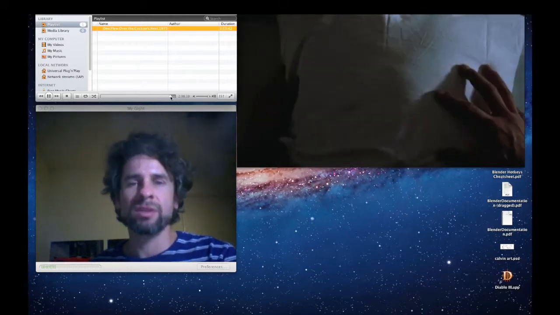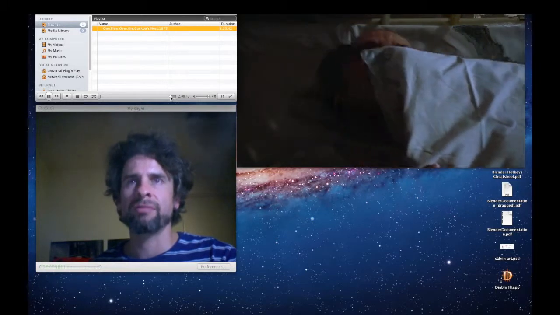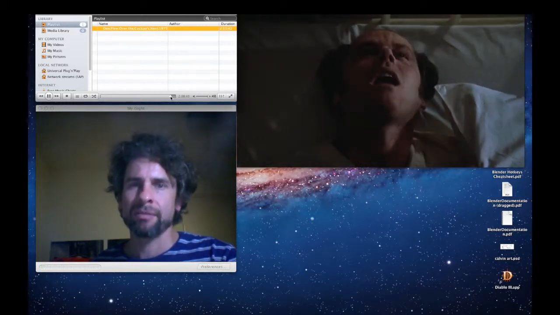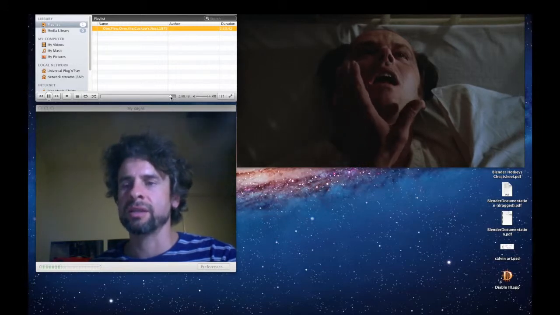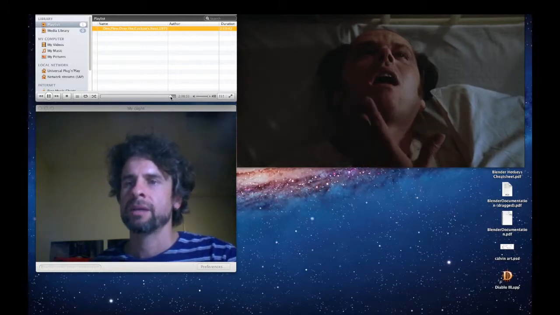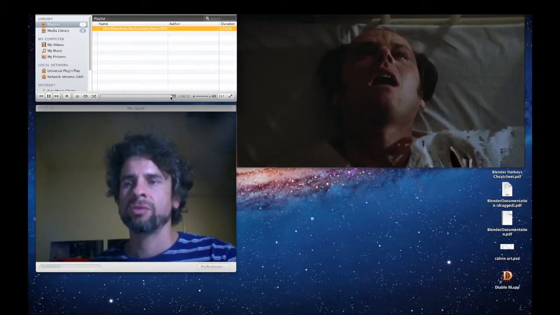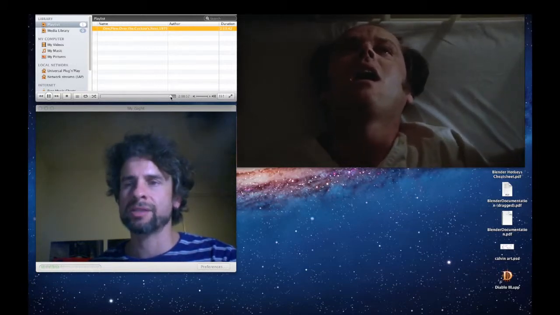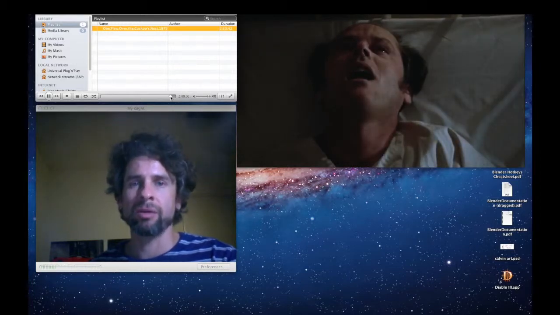McMurphy escapes with the Chief's help, and he is freed from the ward in death. And the Chief then uses this moment to take the opportunity and to give himself some strength to lift that faucet, spout thing himself and throw it through the window and escape.